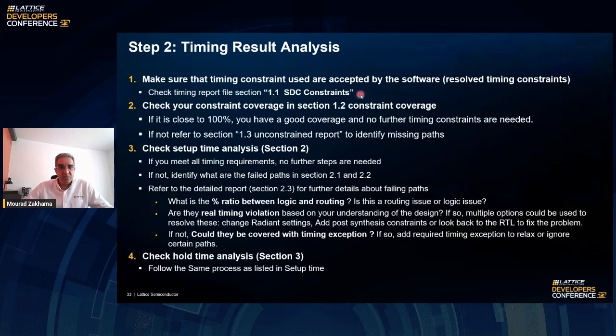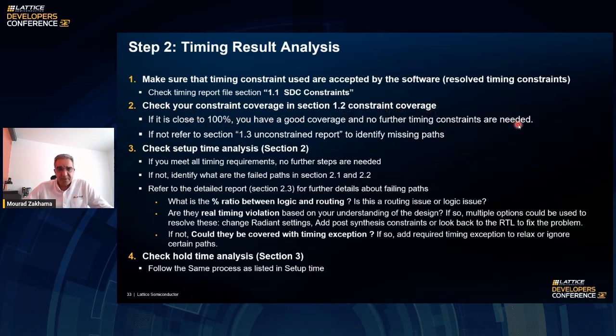Make sure that whatever you expect to see in terms of timing constraints is listed here, because that's the one that is adopted by the STA tool. If there's anything ignored or deleted because of priority, because of conflict, and so on, it will not be listed here. So make sure that whatever you see here is what you expect to see. Then the second thing, make sure that you have 100% coverage, or at least check the constraint coverage, and you're comfortable with that.